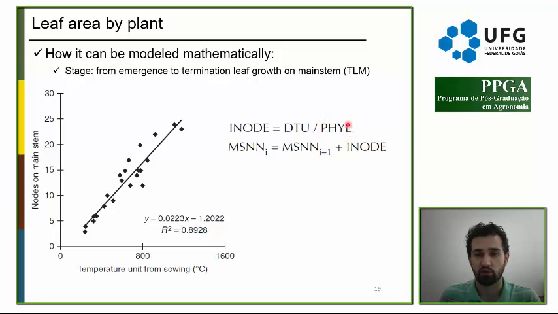So here is the phyllochron. Based on this equation, I can calculate how many nodes the crop is emitting every day in function of the thermal time accumulated in that specific day, and I'm going to accumulate this across time to get the state variable of how many nodes I have in the crop that will define the leaf number in the plant.